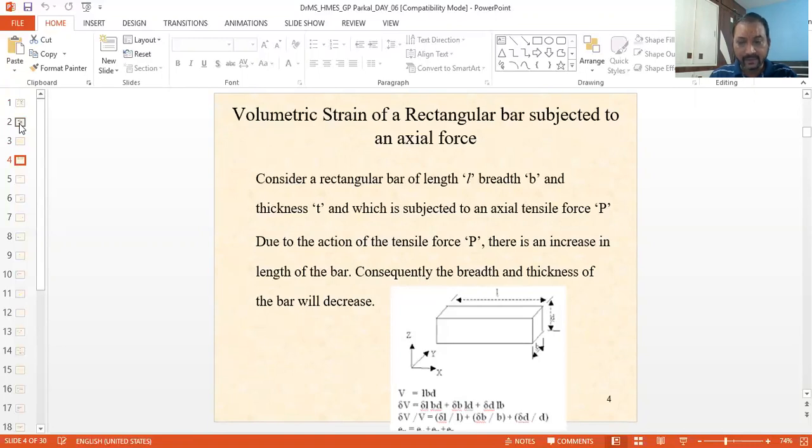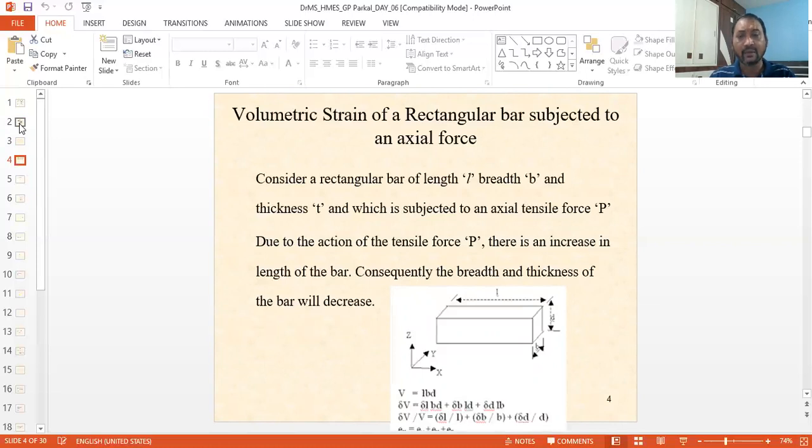Whenever this bar is having dimensions which are mutually perpendicular to each other, the length can be taken on the x-axis, the width on the y-axis, and the thickness on the z-axis.